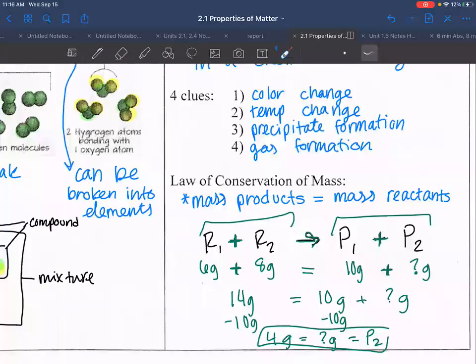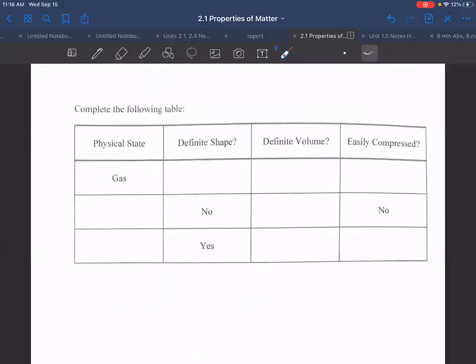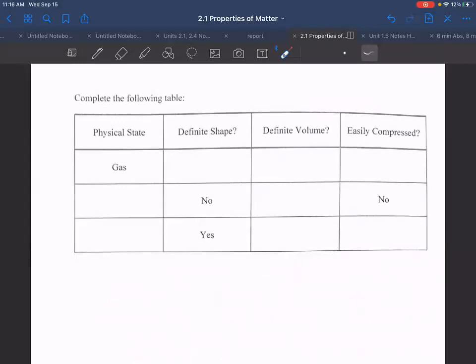Okay, so what I want you to do is start figuring out if you can fill in this table with the different states of matter. Remembering that when I say definite shape, all definite means is cannot change. All right.